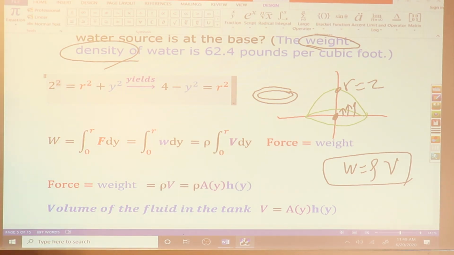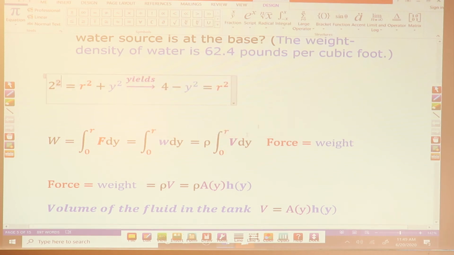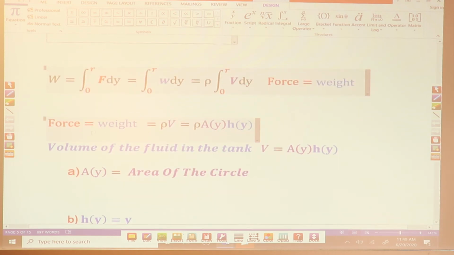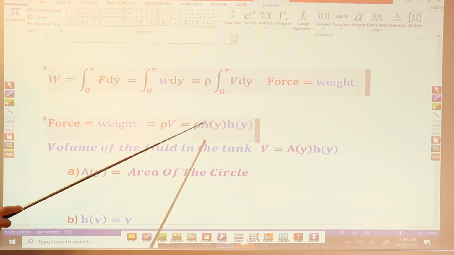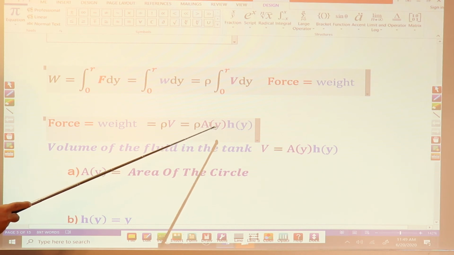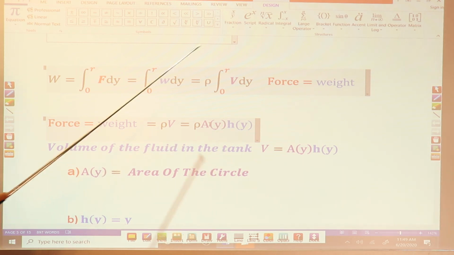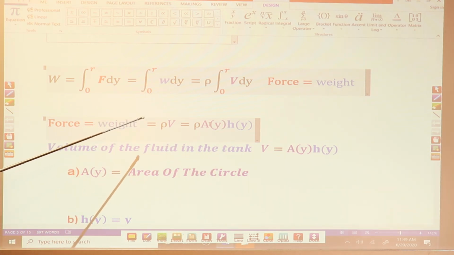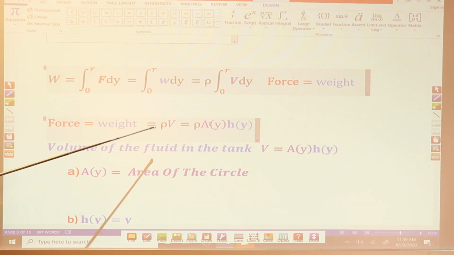Good. Now, force equals the weight density times v, and the volume equals the area of the base times the height. But remember, the area is a function of y, and the height is a function of y.